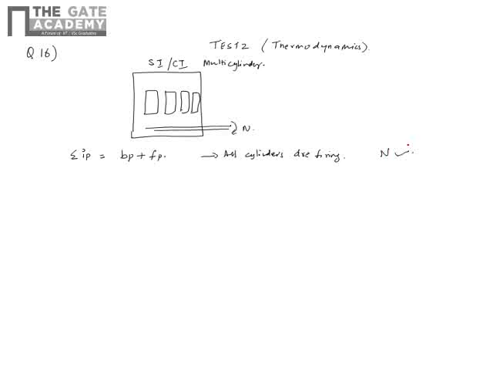So this is basically IP1 plus IP2 plus IP3 plus IP4. This is the first statement.